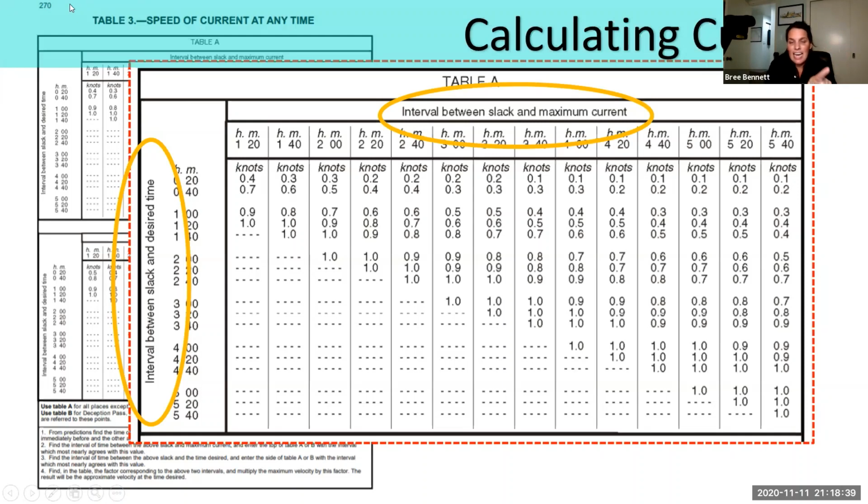Interval between slack and maximum current. So that's the time interval between the slack and the maximum current. That's going to be similar to our duration, right? That's the bigger one. And then we have the smaller one, which is the interval between slack and desired time. Now here, we don't have that TNT. It's not nearest. It's always slack.